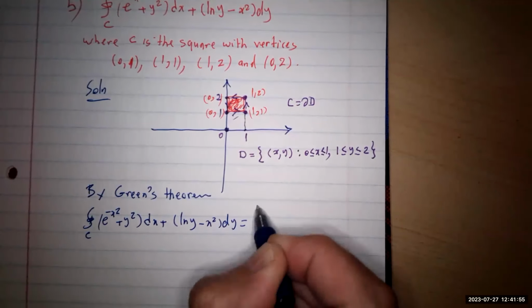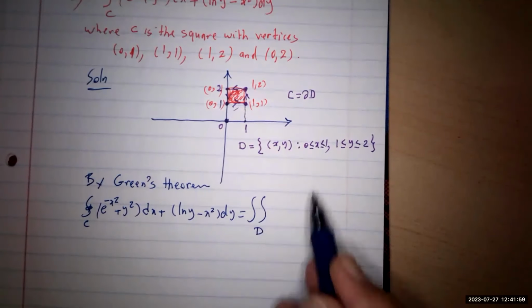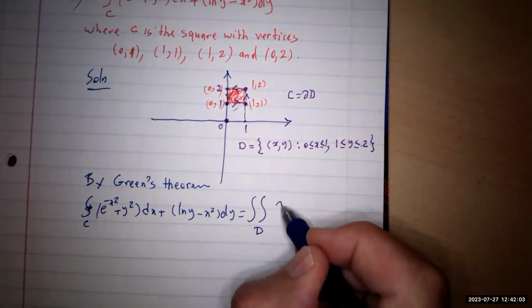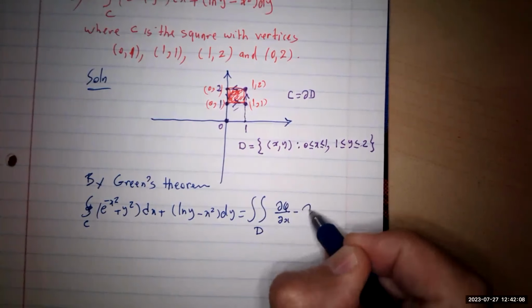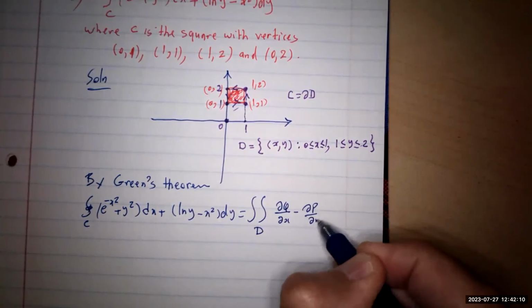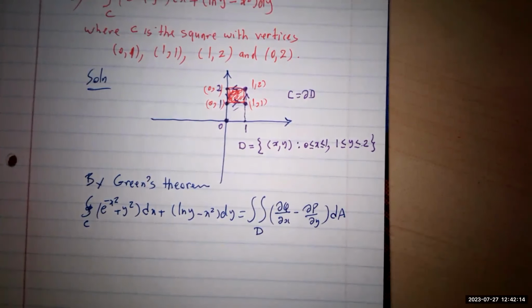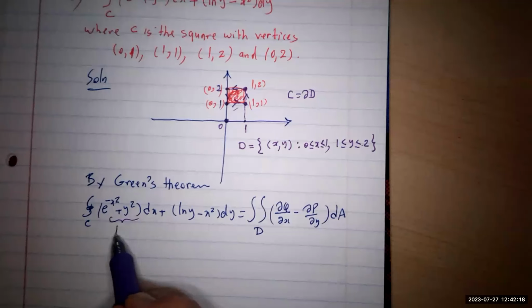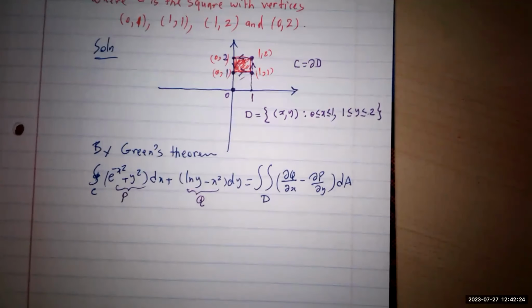We change it to a double integral on the domain that we already identified, of round q round x minus round p round y, dA. By p we mean this one, and by q we mean this one. Any question?